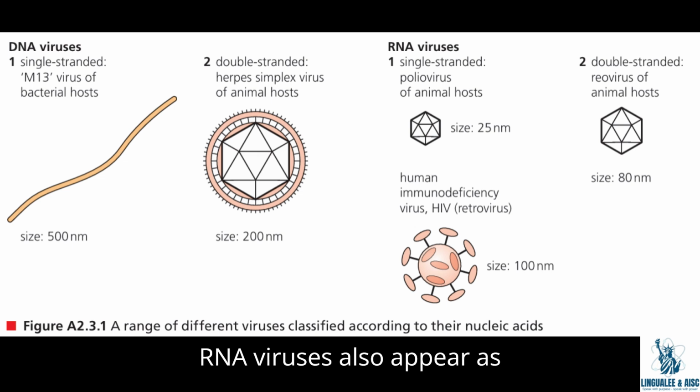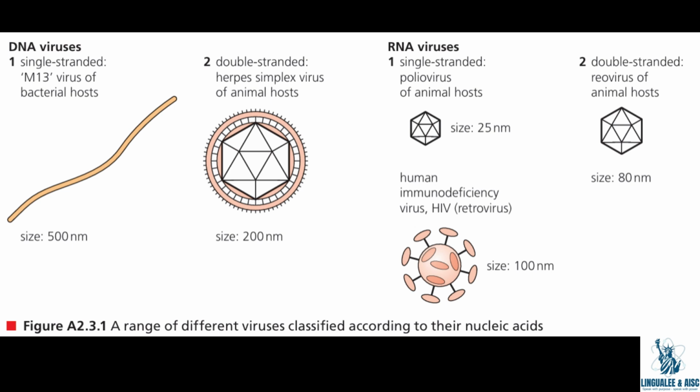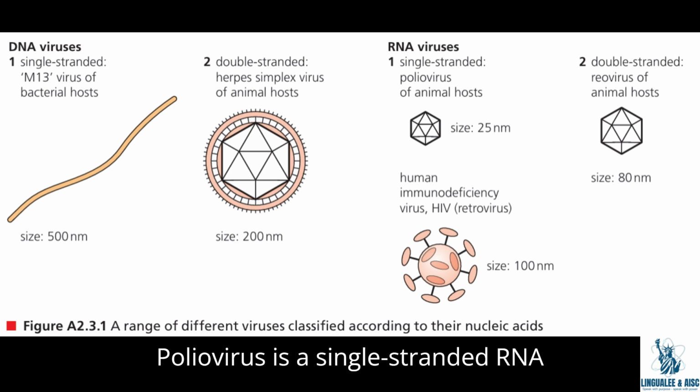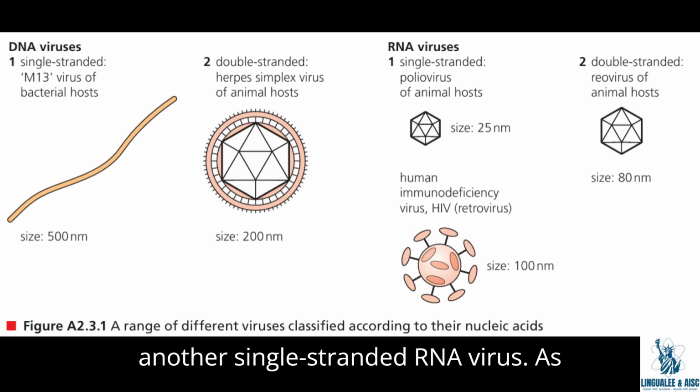RNA viruses also appear as single or double-stranded particles. Poliovirus is a single-stranded RNA virus in animals, barely 25 nanometers wide. Human immunodeficiency virus, or HIV, is another single-stranded RNA virus.